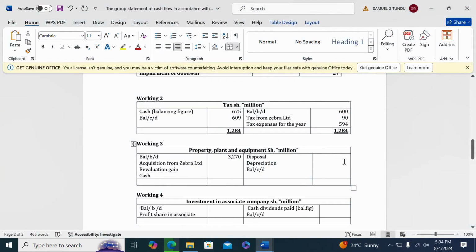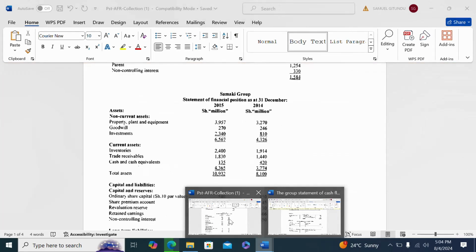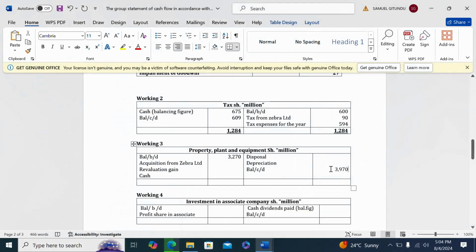We also put the balance carried down, which is 3970. Is it 3970? No, 3957. What about the acquisition from Zebra?